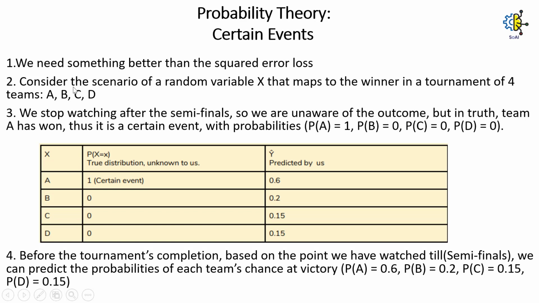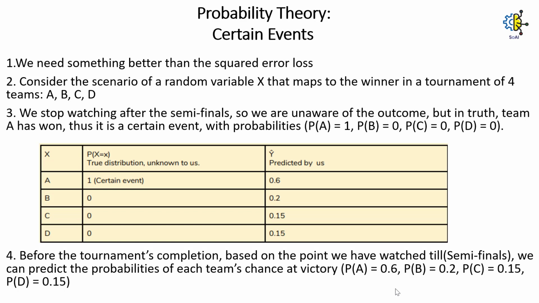You can see this in the table where X is the team, which are A, B, C, and D, the second column is the true distribution, unknown to us, and y cap is what is predicted by us. So the probability of team A is 1, a certain event, and for the other teams B, C, and D it is 0.